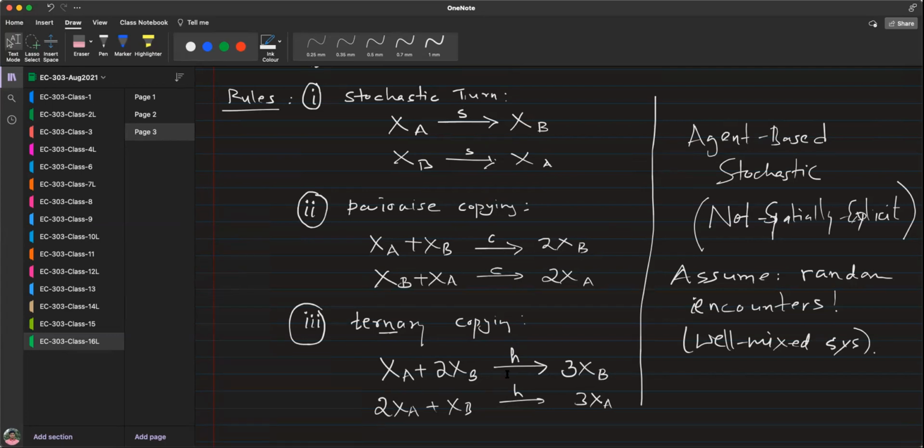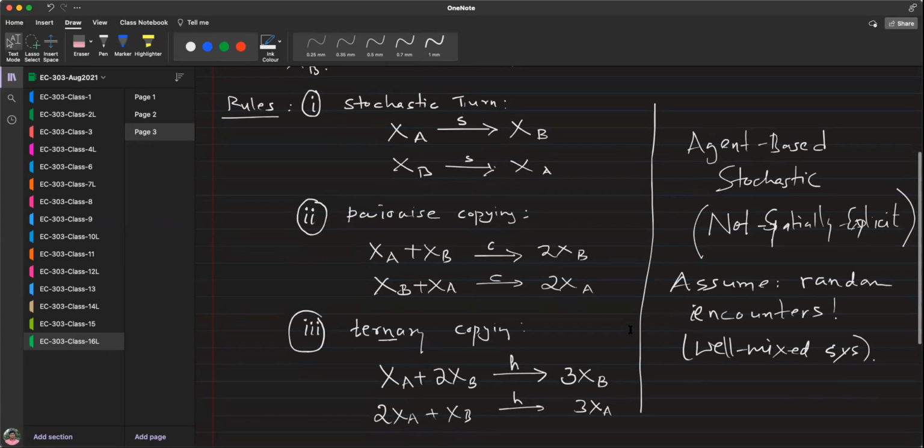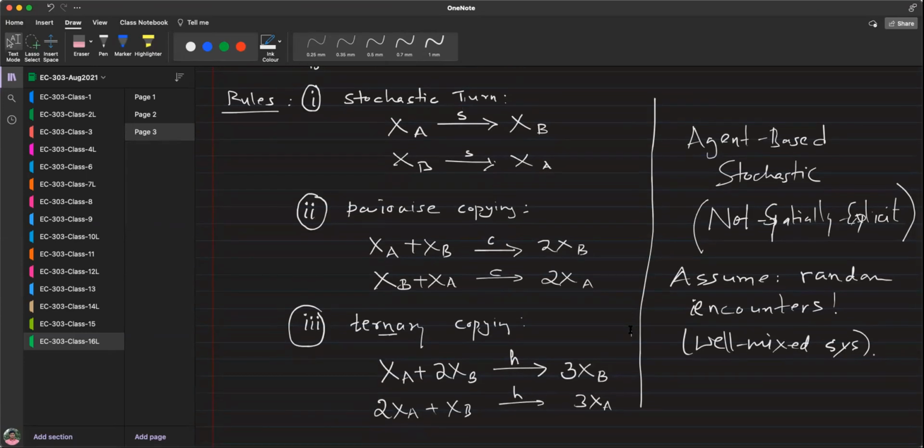Remember that the frequency of interaction depends on two factors. Given individuals, they happen at rates H, C, and S. But the interaction rates themselves depend on the densities. Don't forget that, right?